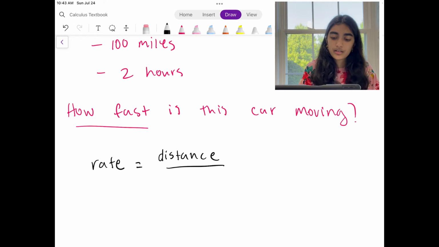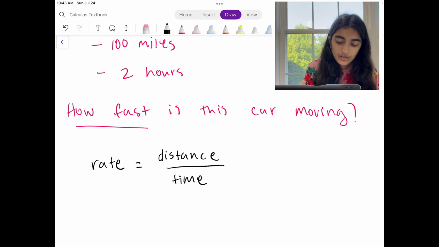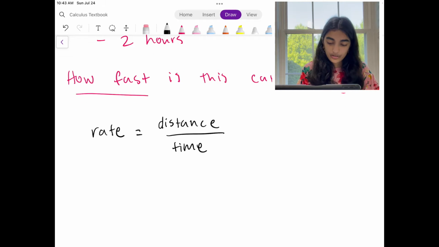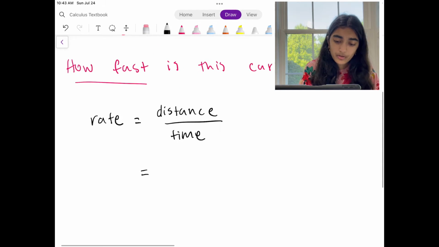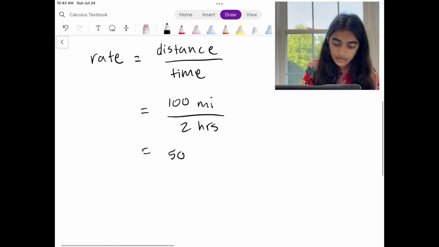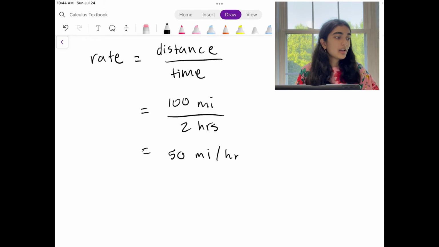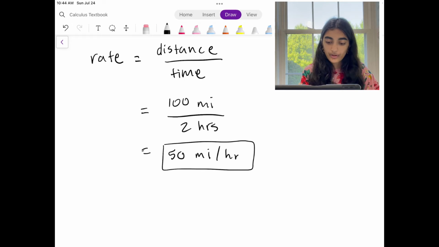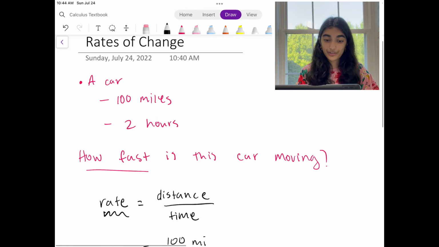Rate equals distance over time. How far did we travel? We traveled 100 miles in 2 hours. So we get 50 miles per hour, okay? That is the rate. And we are looking at rates of change in this video, so that's appropriate.